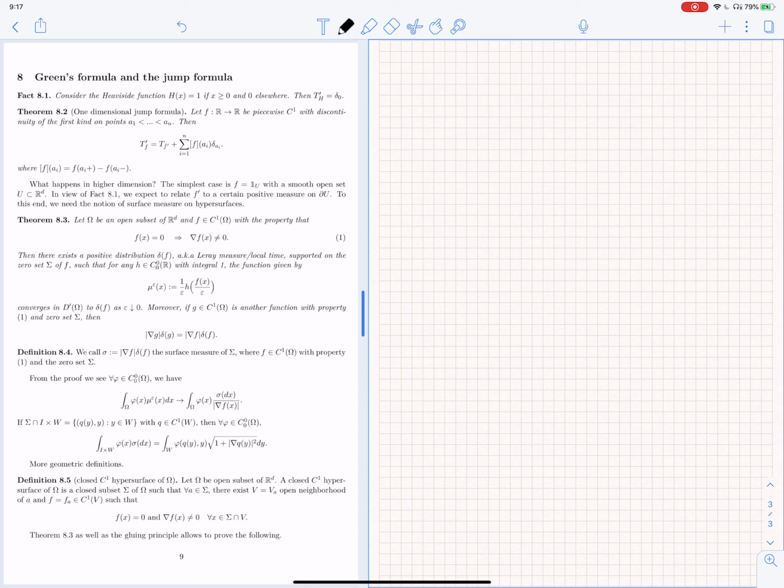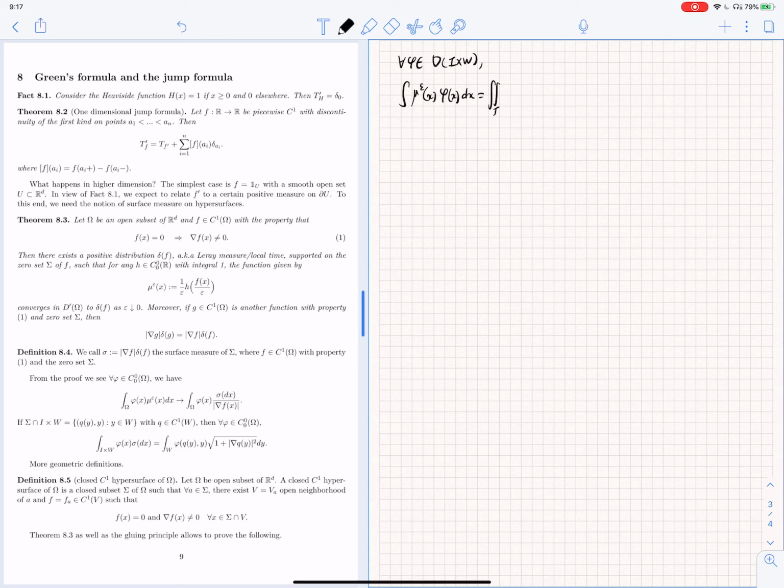We consider any test function phi, and we're going to compute mu epsilon of phi, and the goal is to show that this converges. So first I use the definition.